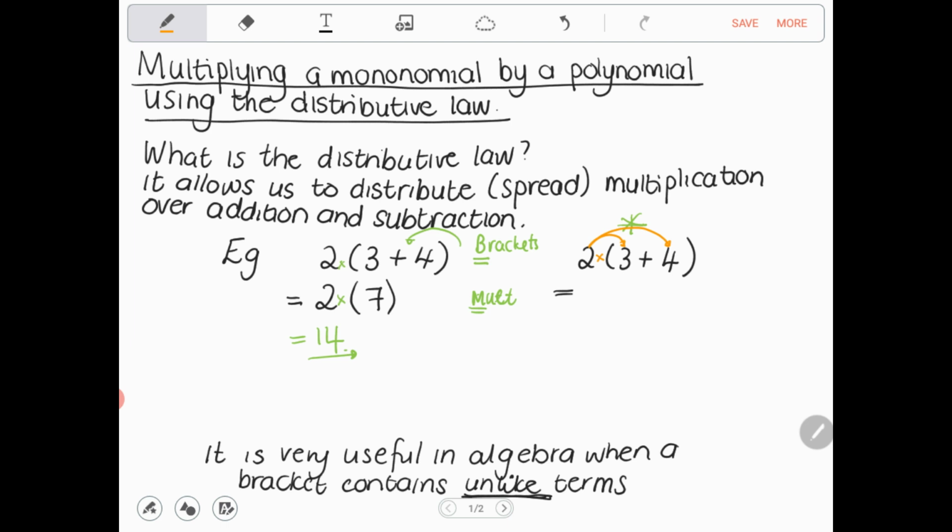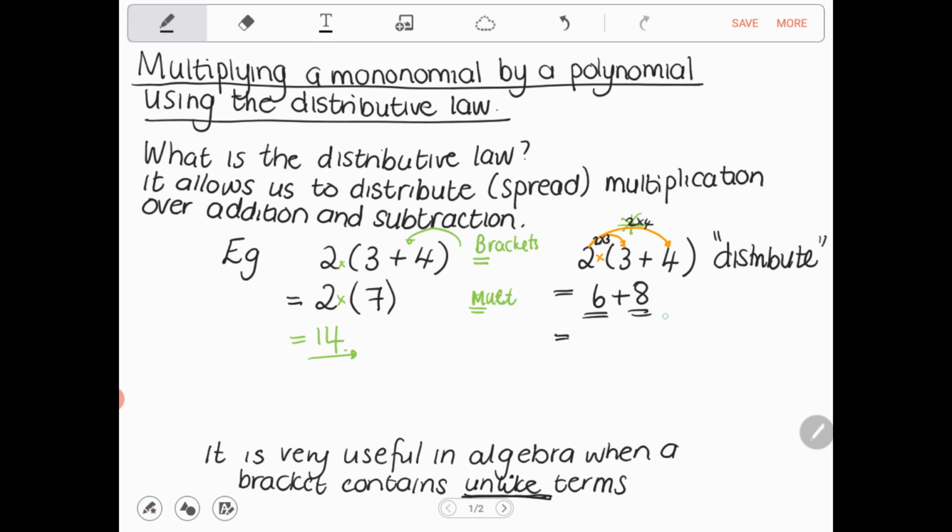First, 2 times 3 gives me 6, and then positive 2 times positive 4 gives me a positive 8. So here we've done the distribution: 2 times 3 and 2 times 4.